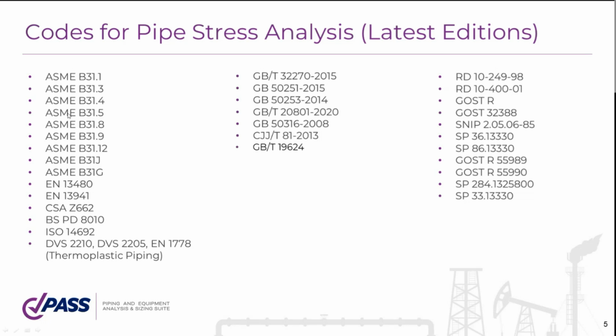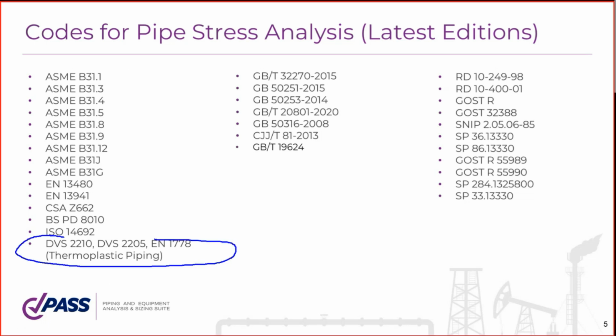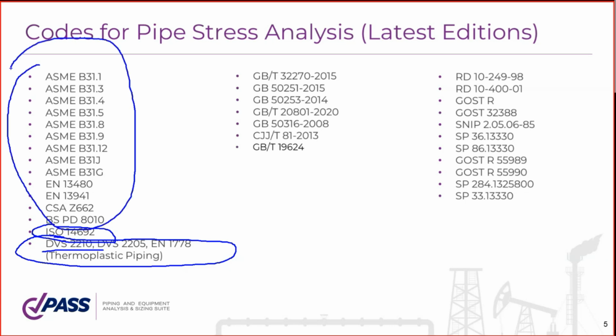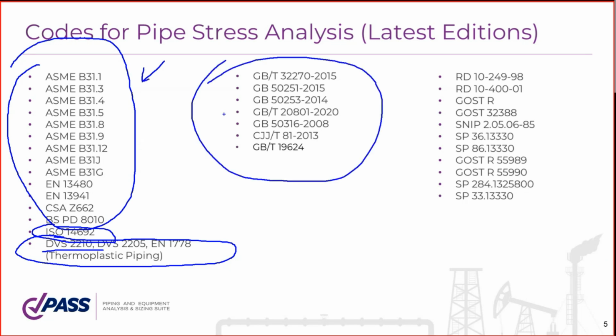And these are the codes that we have, including the codes for thermoplastic piping systems: DVS 2210 and DVS 2205. Of course, we have the code for fiberglass piping systems, and we have the full scope of codes for steel piping systems, all the American codes. We have the full scope of Chinese codes because StarProf is very popular in China.